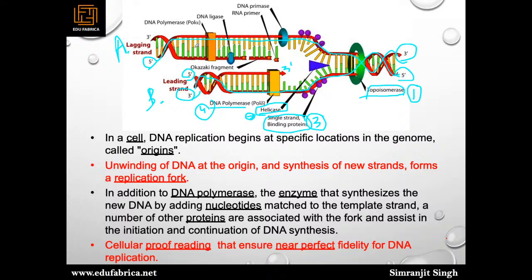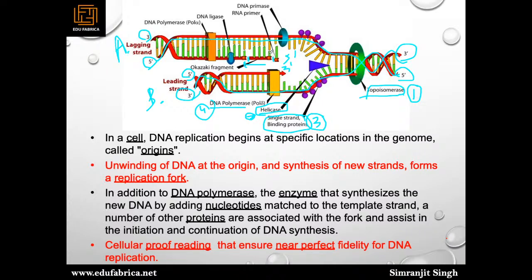On the other side, in the lagging strand, what will happen? This will be your 5 prime end, and that is your 3 prime end. So the DNA replication will happen in the opposite direction of the leading strand. While it is happening, there will be some nicks here, some gaps.